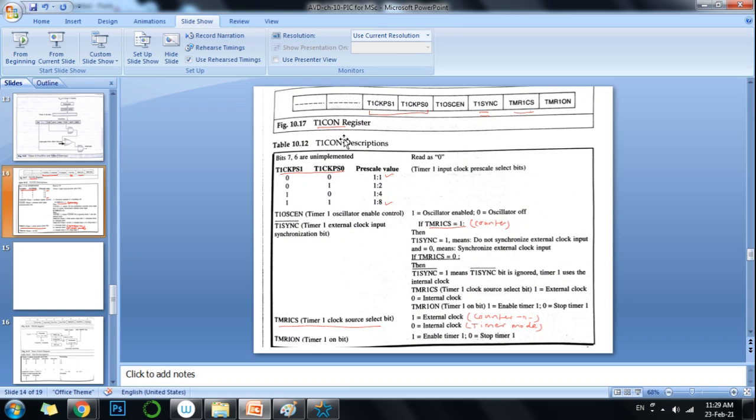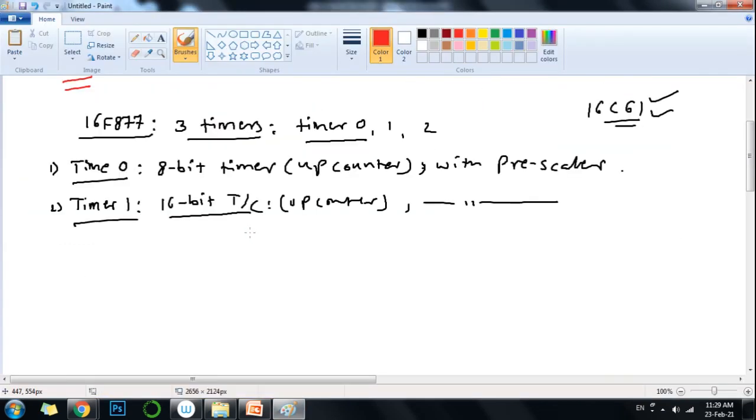Okay. So now let's go to the next one, which is timer 2. Timer 2 is an 8-bit timer.